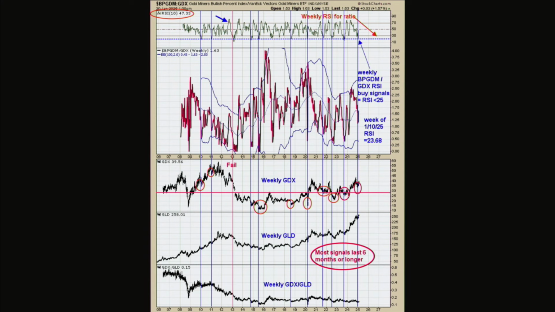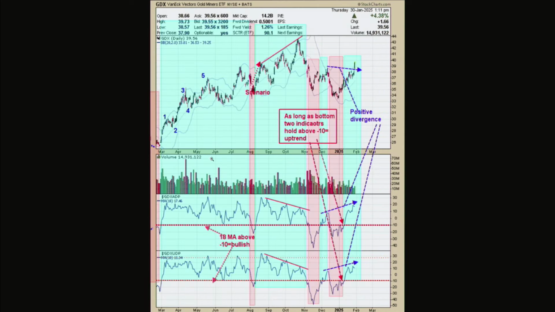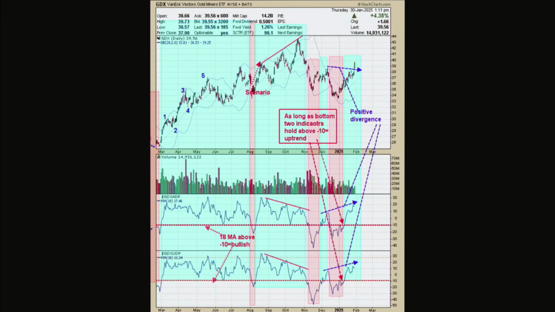Actually, on Tuesday I flipped to chart 7. Yep, Tuesday, where we talked about both those bottom indicators: the 18-day average up-down volume, and the next window higher, the 18-day average advance-decline. Both those indicators were making higher highs while GDX was making a lower high at that time, which I drew a blue arrow across those previous highs. I was saying that we're probably going to break above new highs pretty quickly. And here we go.